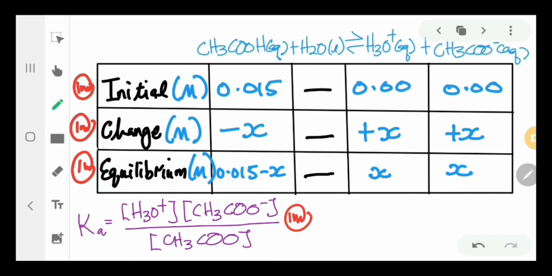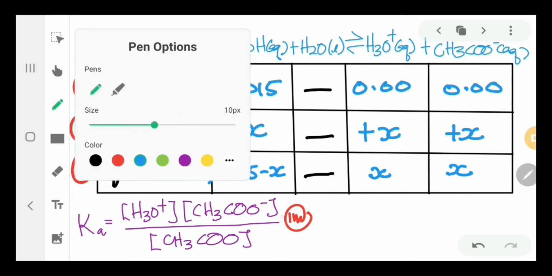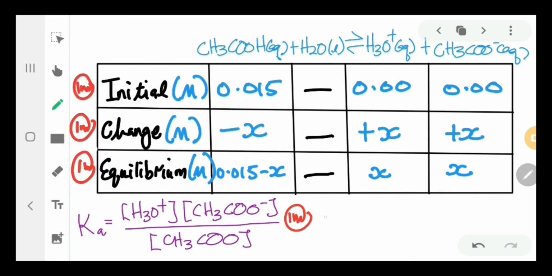But before we do that assumption, remember to plug in all the values first. You plug in X into there, and that one inside. So I have plugged in the values.